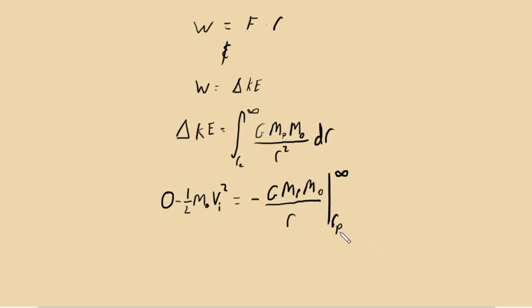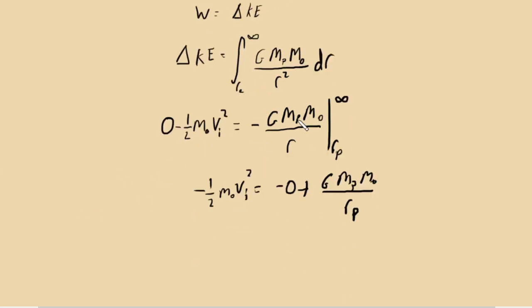So we're starting at the radius of the planet because we're on the surface of it, and we're going off into infinity. So when we plug that in, our first term, whatever's in the numerator divided by infinity, gives us this 0.